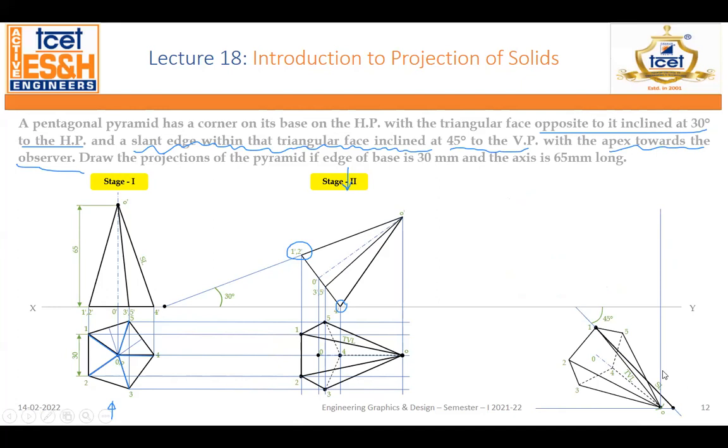Now in that case, 1O you have taken inclined, and you can see that the apex is away from the xy line. Away from xy line का मतलब towards the observer हो गया. Apex towards the observer का मतलब away from xy line हो गया.